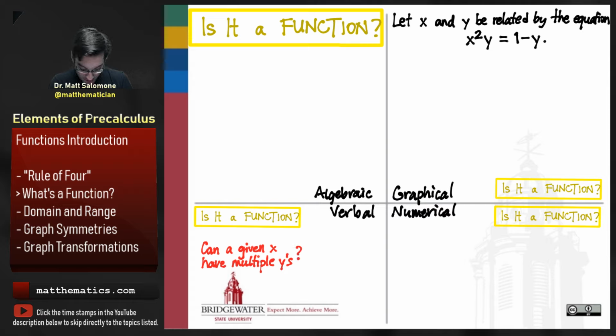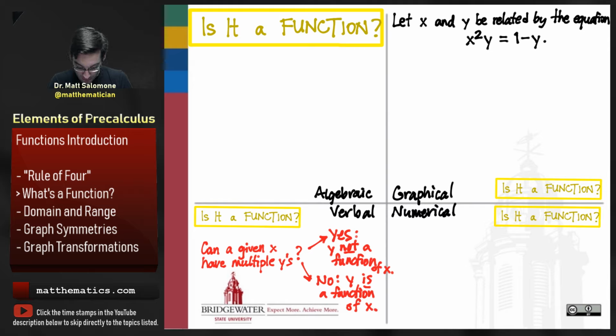And if that answer is yes, then y is not a function of x. And if the answer is no, then y is a function of x. Okay, so we now know what we have to investigate to answer this question.